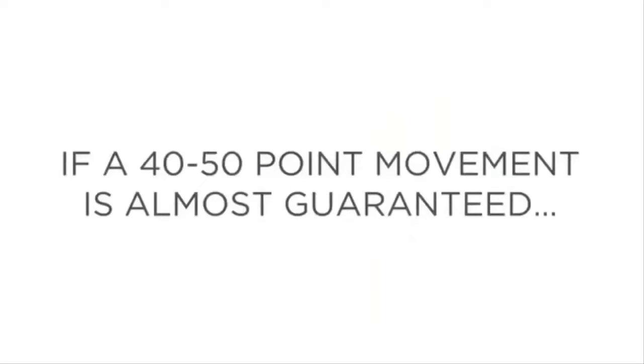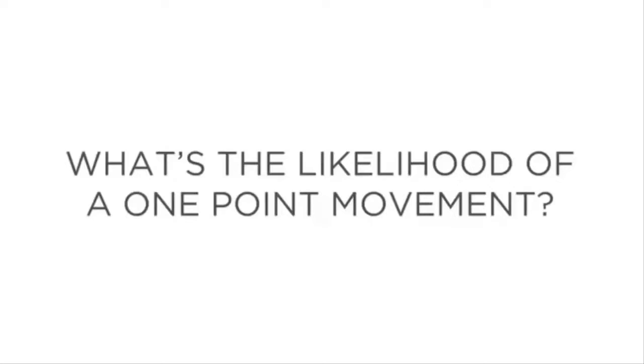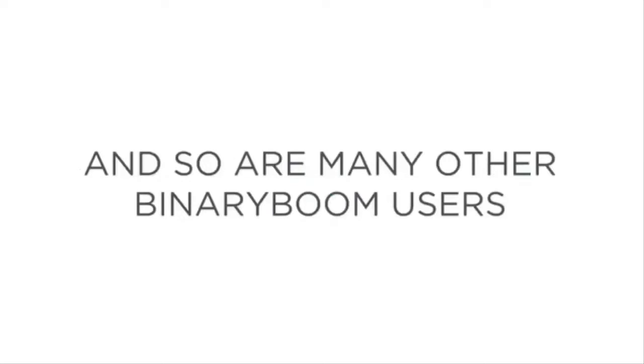If a 40 to 50 point movement is almost guaranteed, what's the likelihood of a 1 point movement? You know the answer, and that's why I'm rich, and so are many other Binary Boom users. Let me repeat this. I honestly believe that binary options done right is a legal way to print money. That's the reality of things.